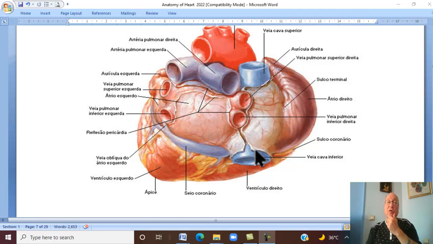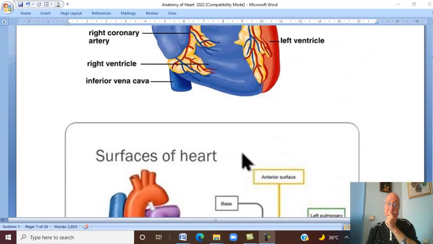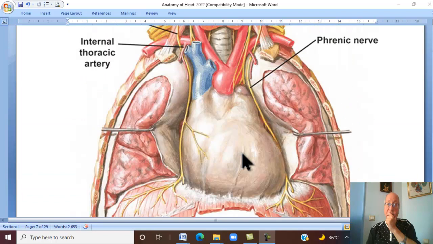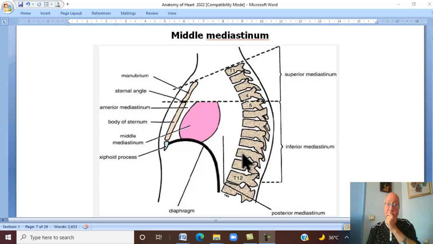The base of the heart is related posteriorly to what? Here, posteriorly is the base of the heart.